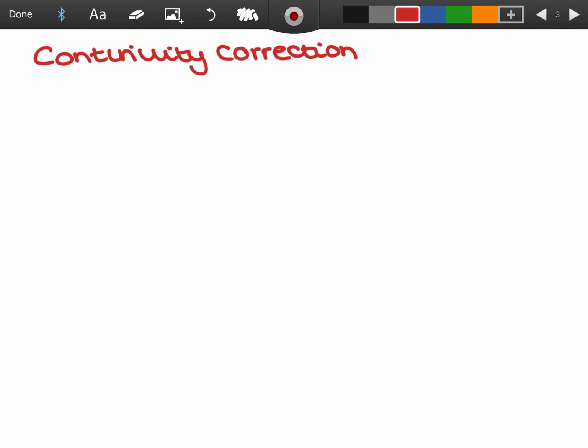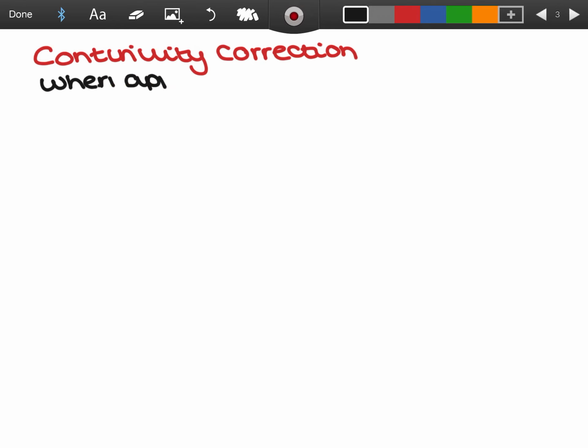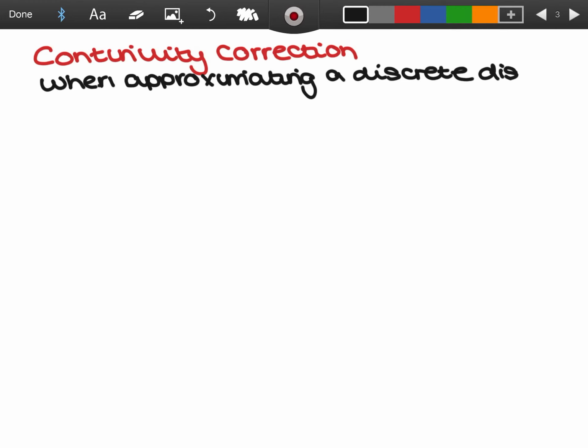Continuity correction is used when approximating a discrete distribution, like the binomial distribution, with a continuous distribution.